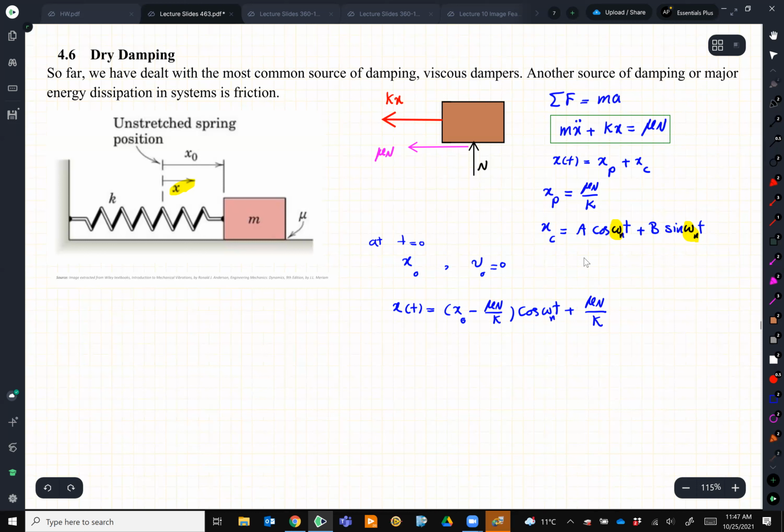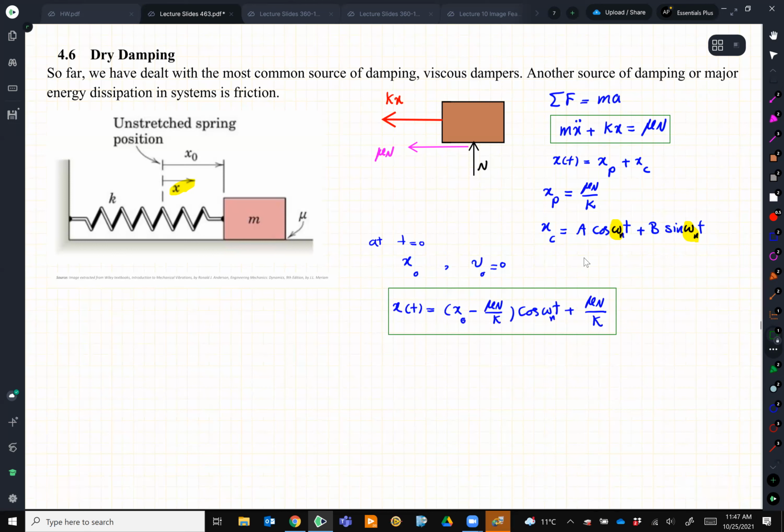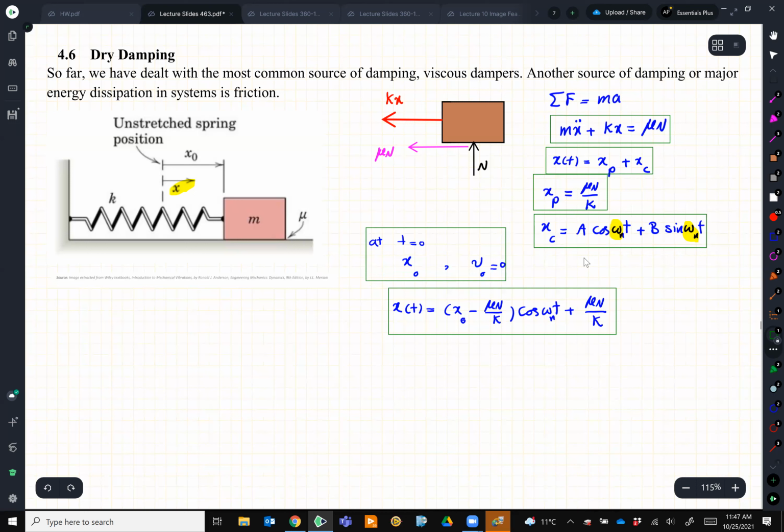So that's the answer to the differential equation. Where does it come from? Well, we have xp, we have xc, we add these two because x(t) is the sum of these two, and we have our initial conditions. You can also include v0 later for yourself, but you get longer equations, which is not suitable for what I want to discuss in a moment.